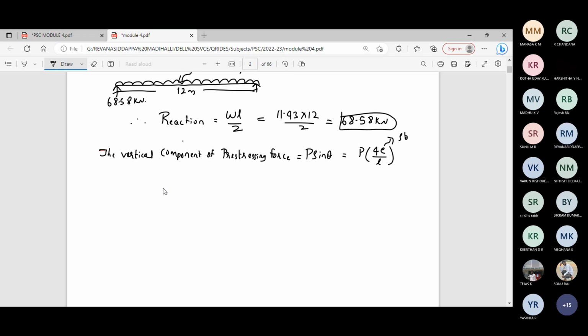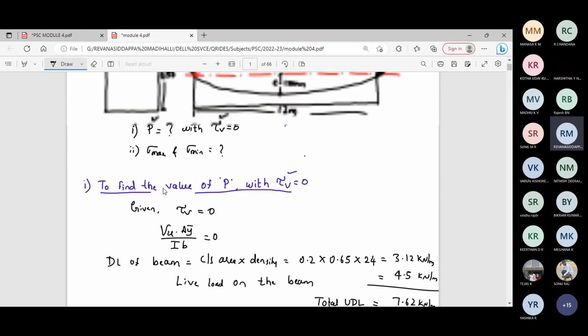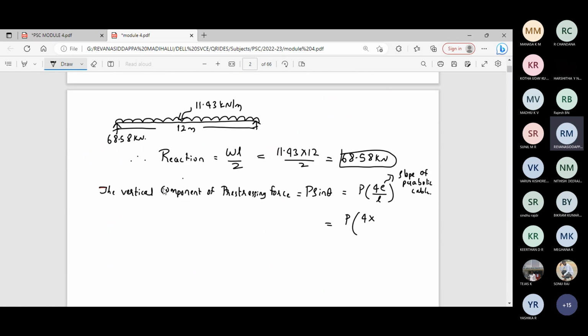So P into 4E by L is equal to P into 4 into the eccentricity at the midspan, which is 120 mm. Substitute.